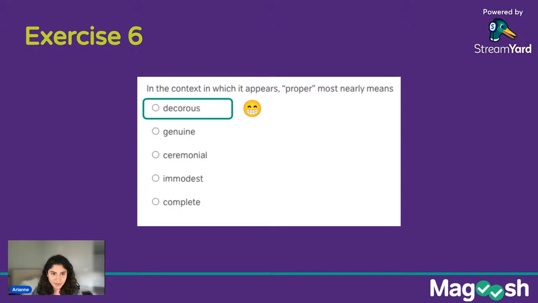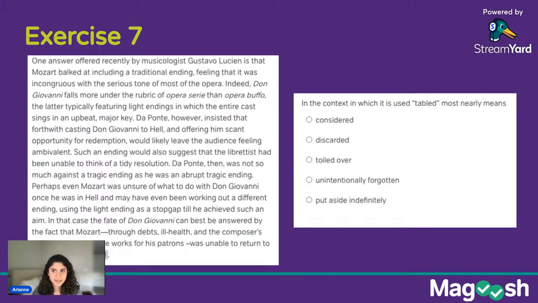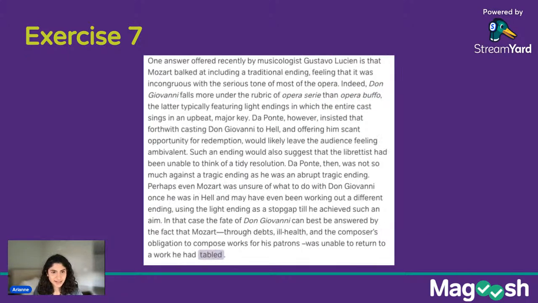Are we feeling good? We only have 4 more minutes left. So this will be our last question of the day. Exercise 7. In the context in which it is used, tabled most nearly means blank. All right. And this is somewhat long. Actually, excuse me.